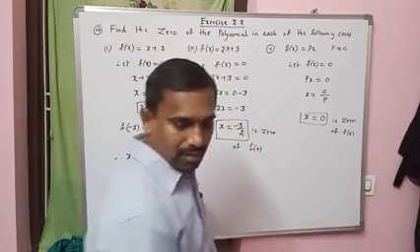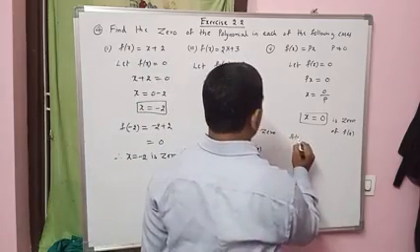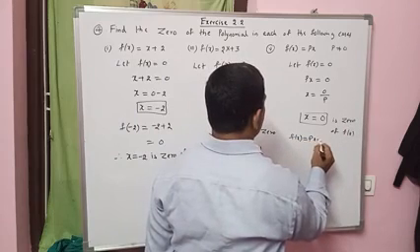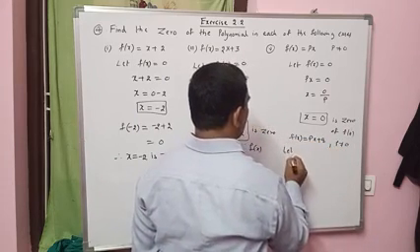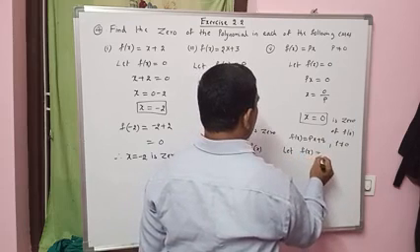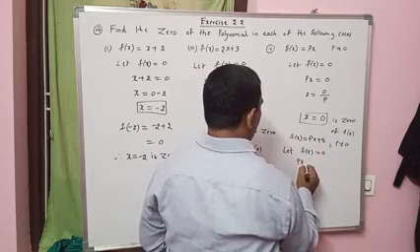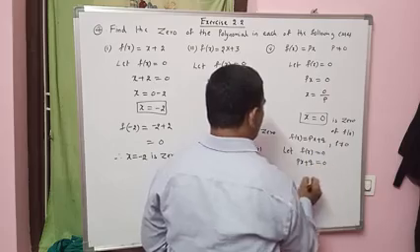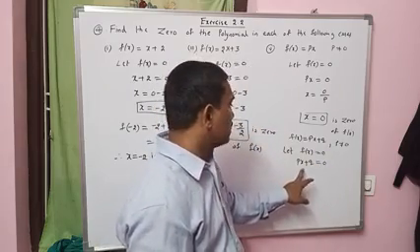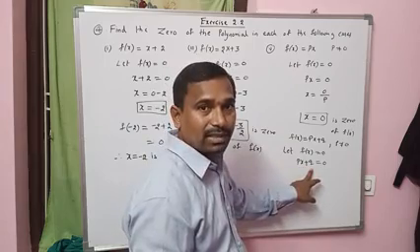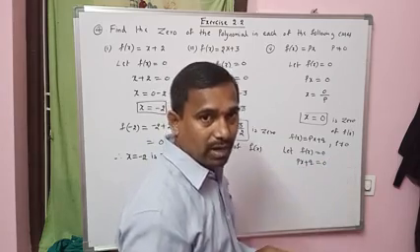Another one, f of x equal to px plus q. Same, p not equal to 0. Assume f of x equal to 0. That is px plus q equal to 0. Here we find the x value. This is the x term, this is the other term, the constant. Transpose plus q to the right side.